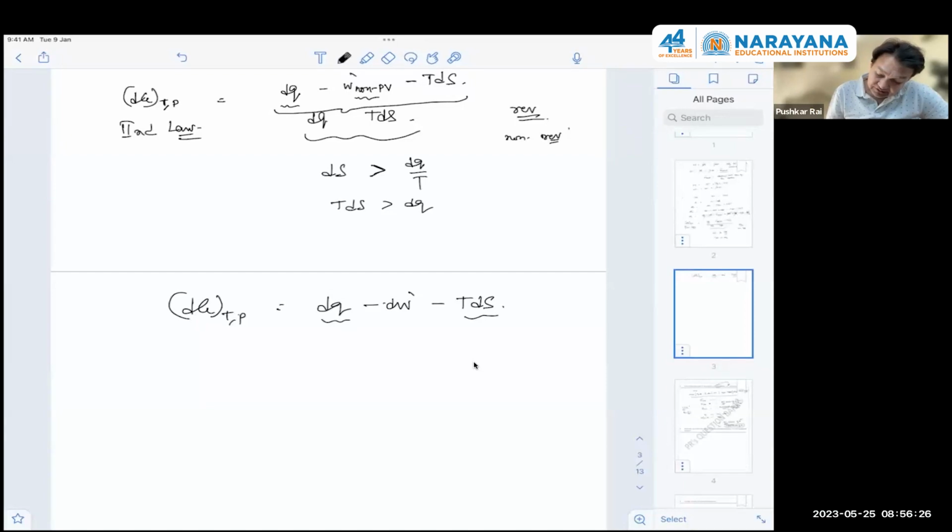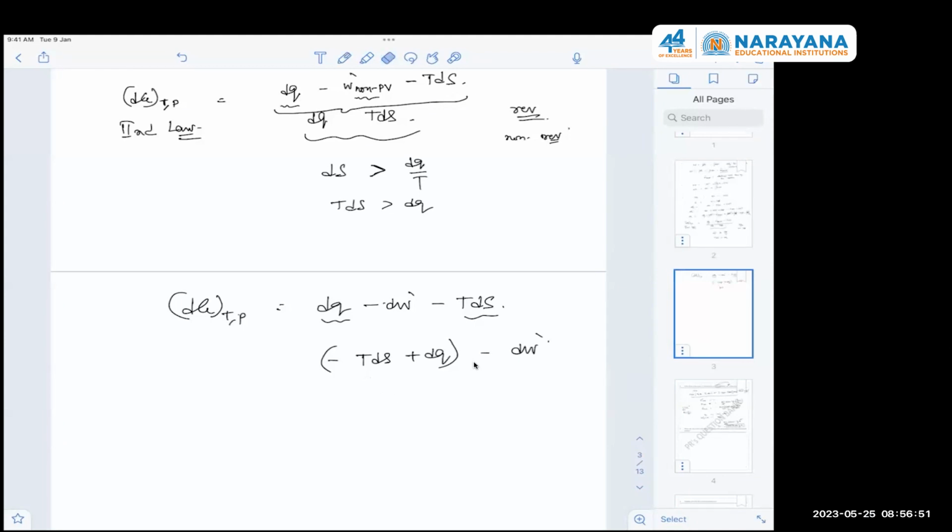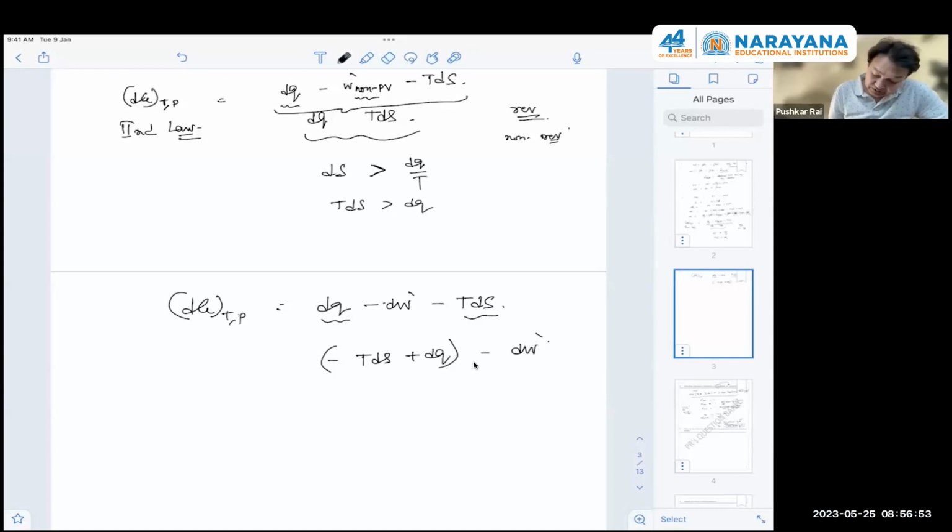TdS minus dq is going to be greater than 0, and that means minus TdS plus dq is going to be less than 0. And minus dW dash, the situation becomes like this. Still less than 0. Why less than 0? Because TdS is greater.